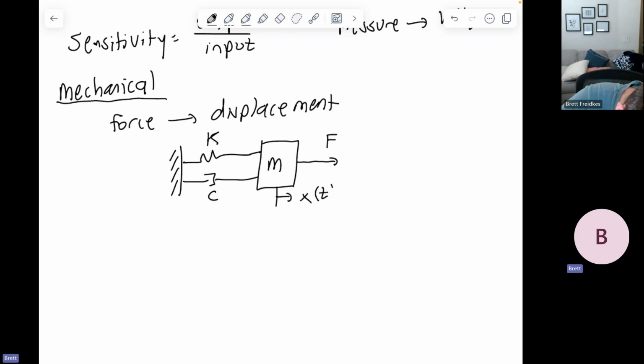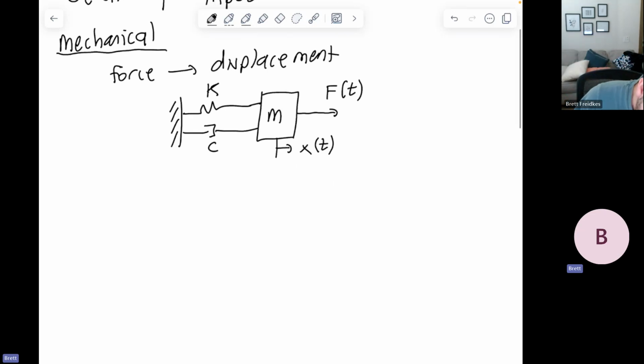So the force is changing as a function of time, which is going to cause the position of the mass to change as a function of time. So if we were to do Newton's second law on this, Newton's second law says that the sum of forces acting on the object is equal to m times the acceleration, which I will write as the second derivative of x. So that's x double dot.